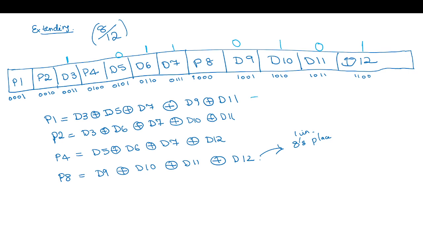So P1 will be D3, D5, D7, D9 and D11. So this will be 0.